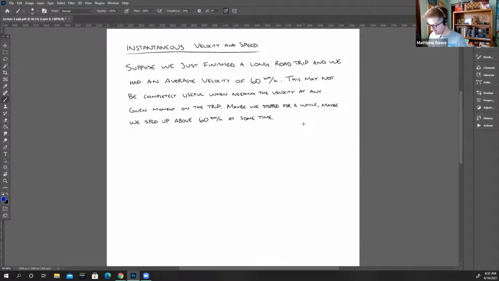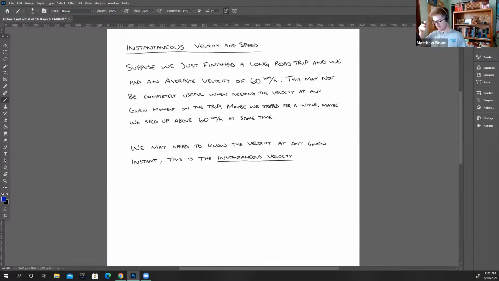You could think of it like, well, on this road trip, maybe we stopped for a little bit, and maybe we went above 60 kilometers per hour at some time, just to make up for time. So it's fluctuating, but the average velocity doesn't give us that information. That's why we want the instantaneous velocity. It gives us the velocity at any specific instant.